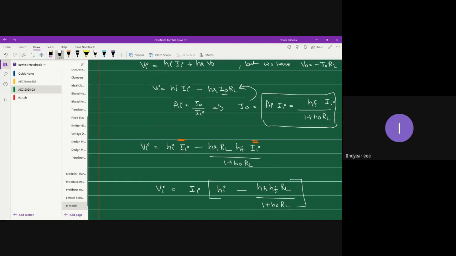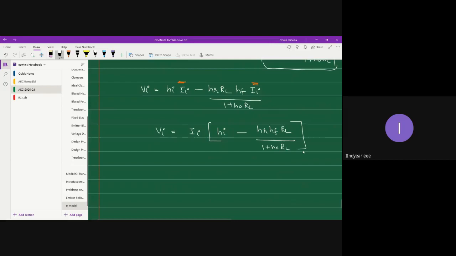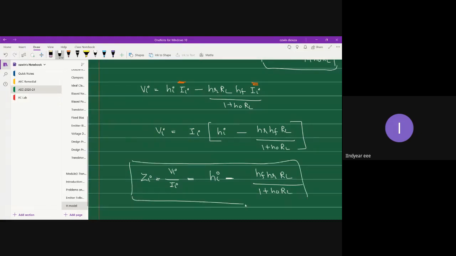Or you take out the ratio Vi by Ii. That gives Zi, and that is nothing but Hi minus HF HR RL divided by 1 plus H naught into RL. So that's our input impedance.